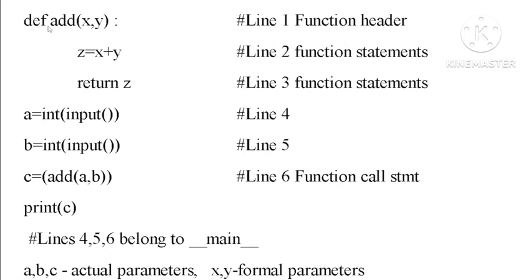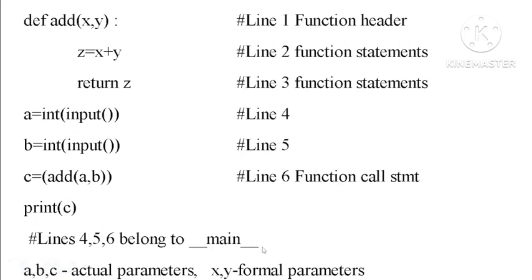Just wanted to redefine the terms, tell you the terms. Def add of x comma y. What does the word def indicate? This statement is the function header. These two statements are the function statements, and the remaining 4 lines belong to the main program.